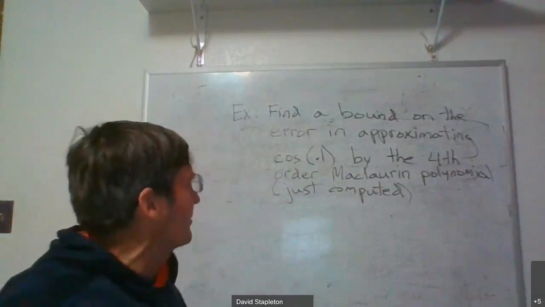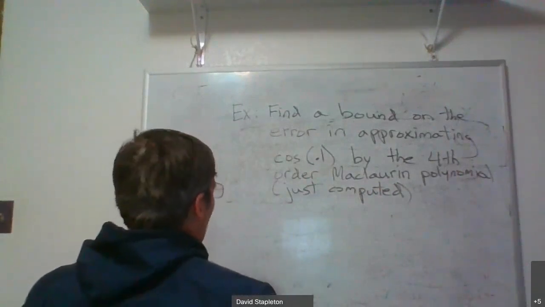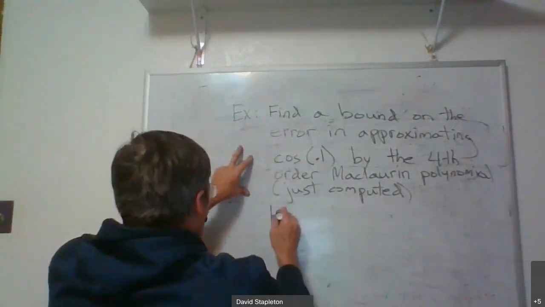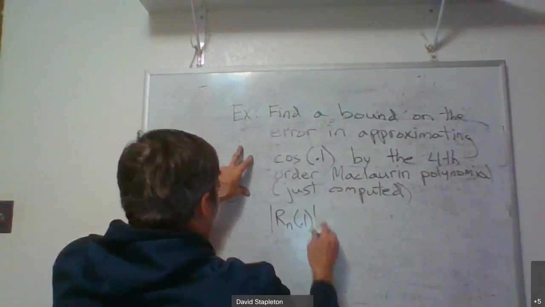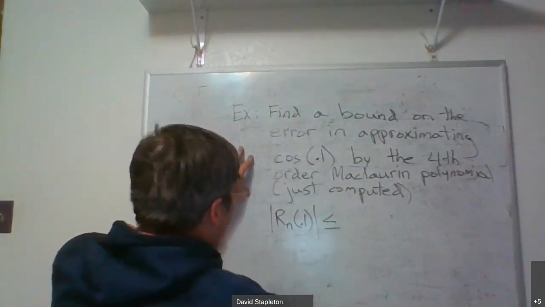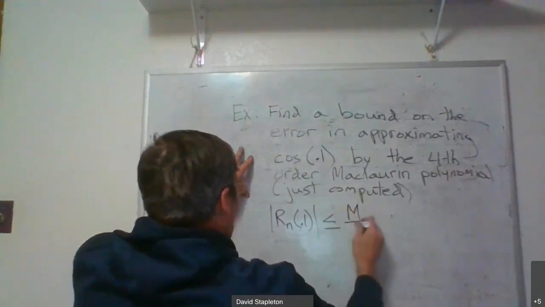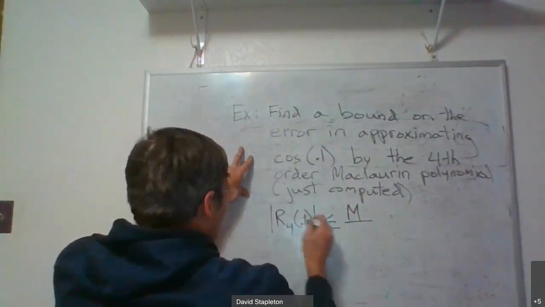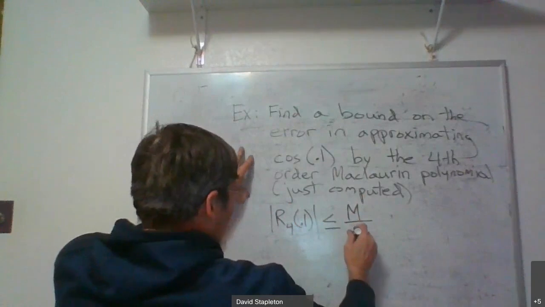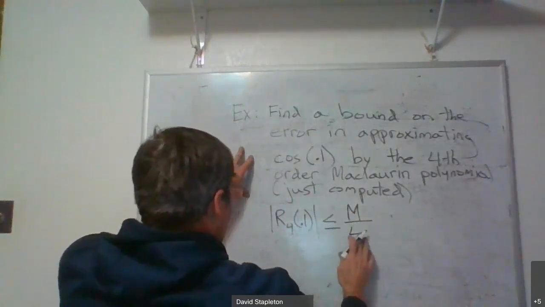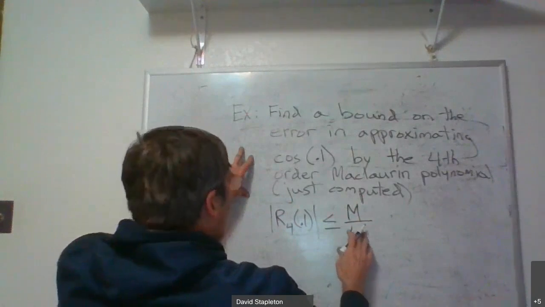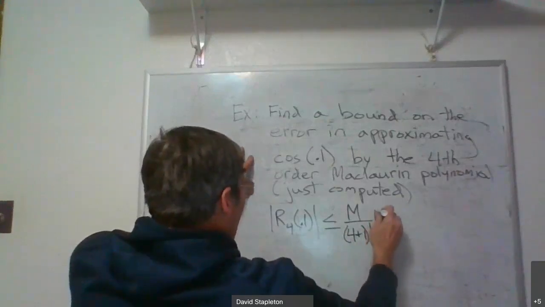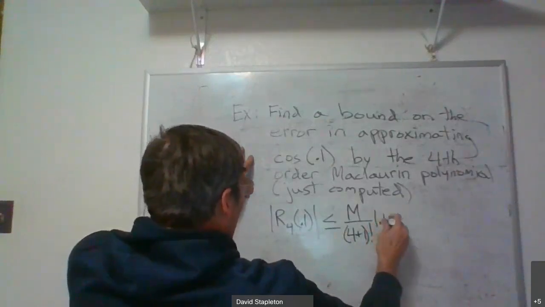Well, I have to erase that now, and we'll just put it up here and say, by the theorem, the error R n of 0.1 is less than or equal to m over, let's say, R4 of 0.1 is less than or equal to m over 4 plus 1 factorial times 0.1.